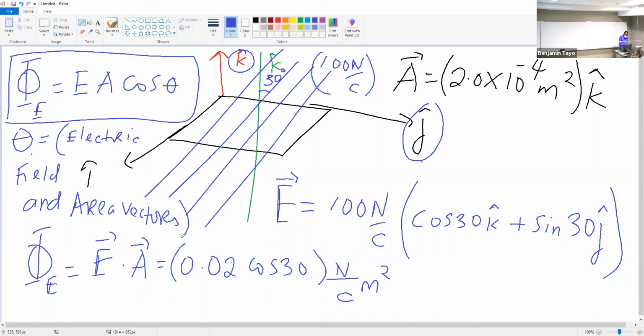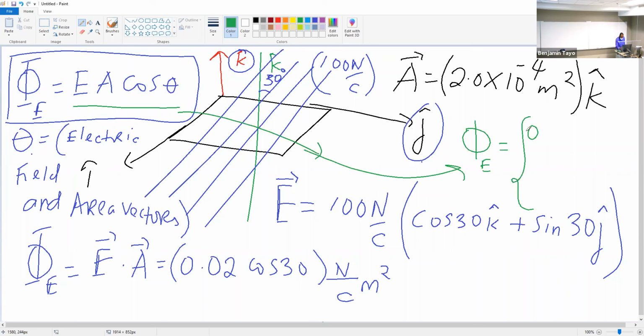Now, looking at this equation here, do you see that? When theta is equal to 0, I get maximum flux. And when theta is equal to, let's say, 90 degrees, I get minimum.